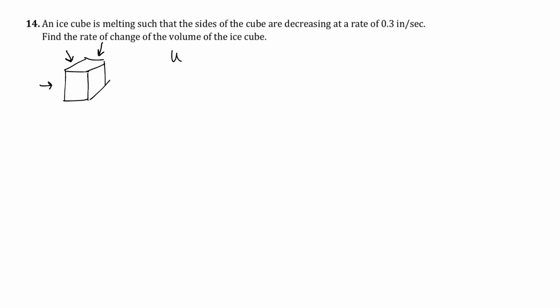We can talk about what we know and what we want to know. We know something about the sides of the cube. We know the sides of the cube are decreasing at a rate of 0.3 inches per second. So when we hear cubes, the cube means that all of the side lengths are equal. And when it says that the sides are decreasing, we can assume that that means side lengths.